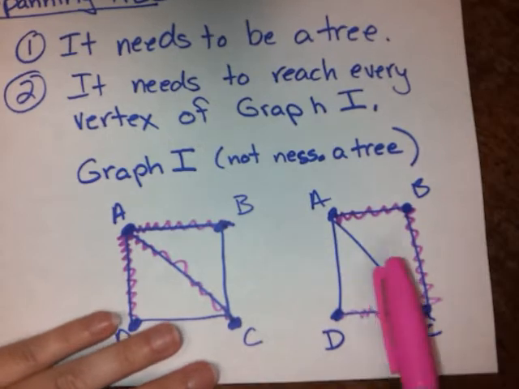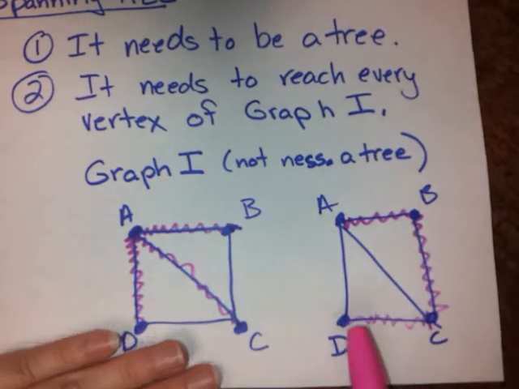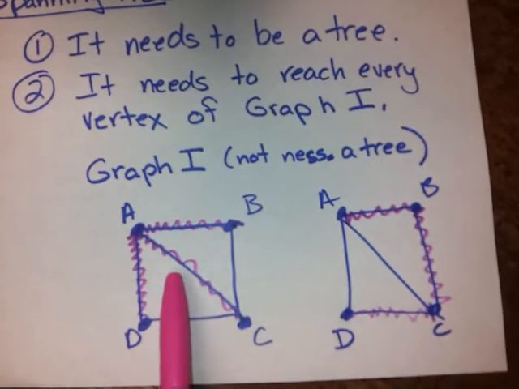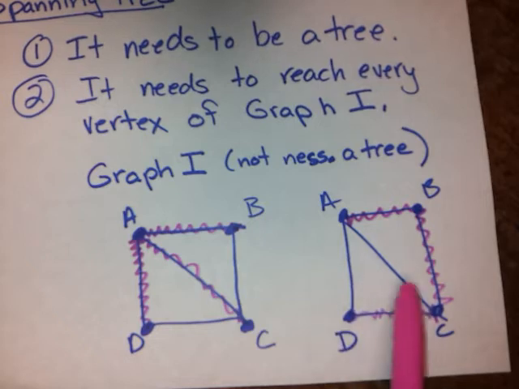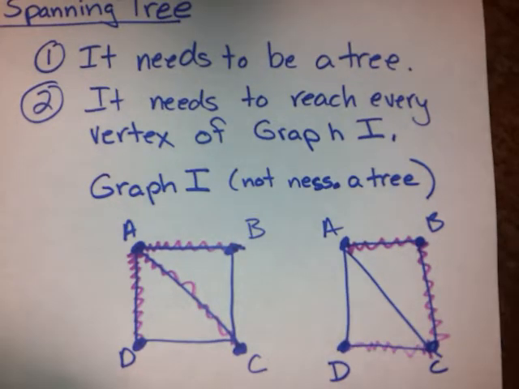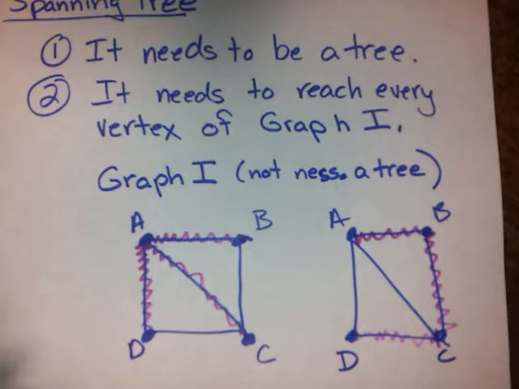There are no circuits, it's connected, and it reaches every vertex of graph 1. So the spanning tree here is different from the spanning tree here. This one I was able to draw without picking up my pencil, but we don't care about that for trees. This one I couldn't draw without picking up my pencil, but we don't care about that for trees. So don't worry about whether or not you had to pick up your pencil. So these are two different spanning trees of graph 1.